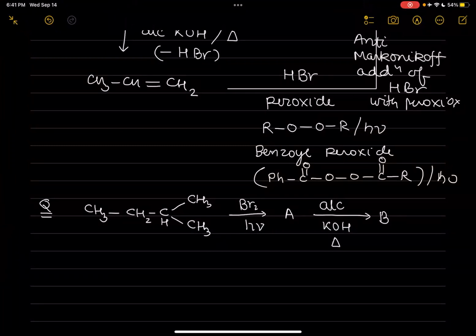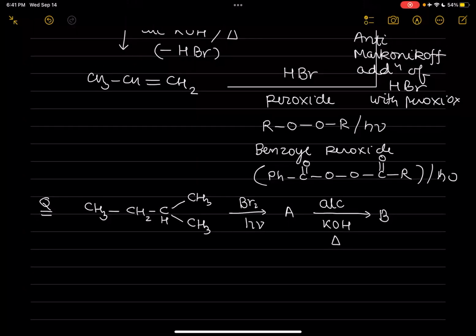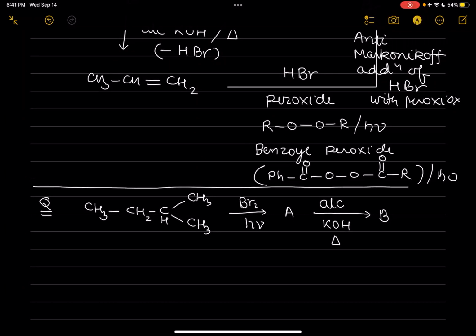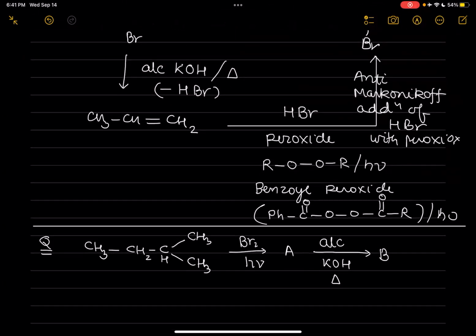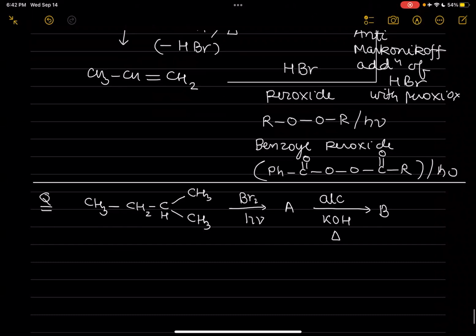Sir, the Br will be attached to the carbon atom which has got more hydrogen, right? Actually, this is not the Markovnikov rule or anything. That is on the alkene, the one shown above. That is addition on alkene. This is somewhat different. This is photohalogenation, in the presence of light.